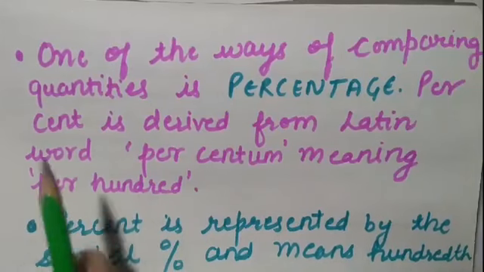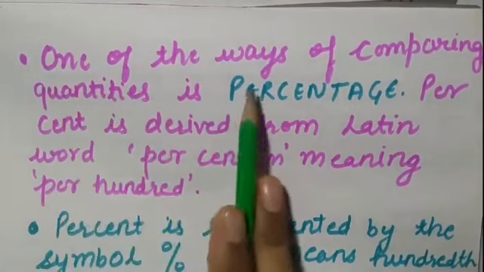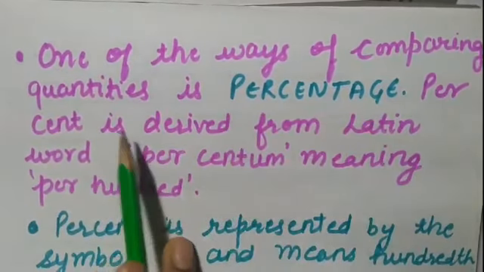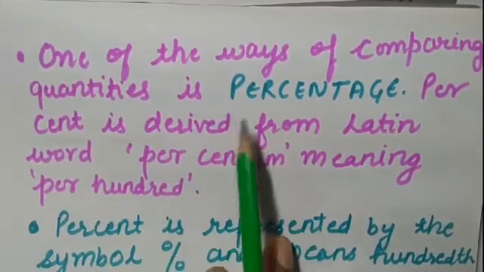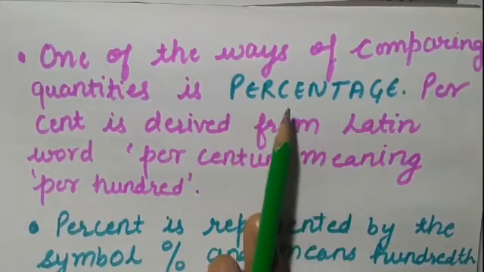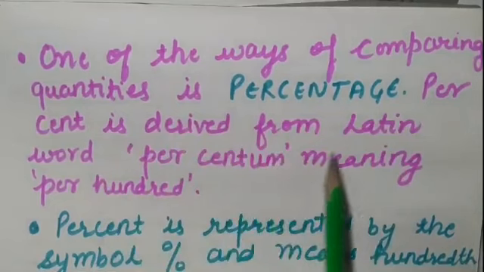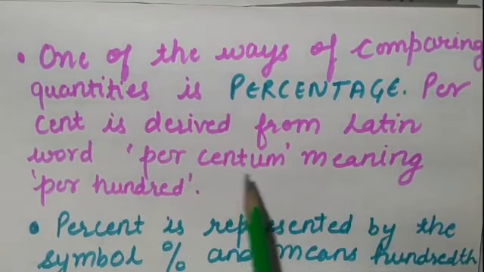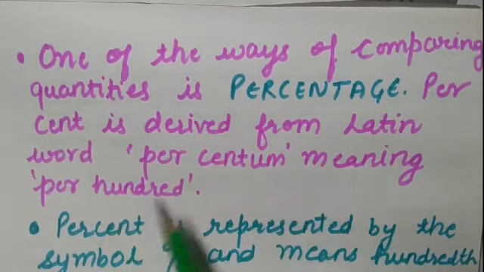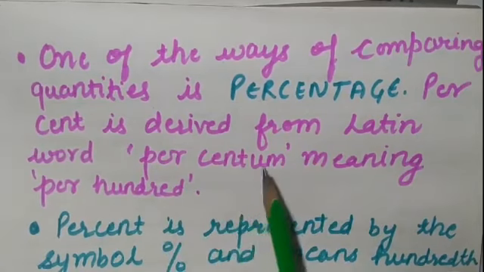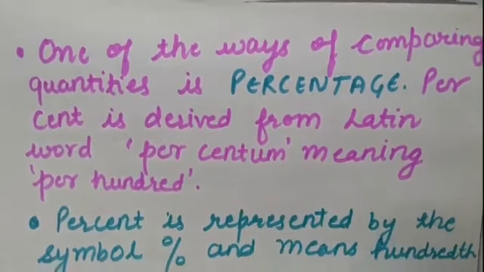Now come to the third point. The third point is that one of the ways of comparing quantities is percentage. It means through percentage we can compare quantities. Percentage is derived from the Latin word percentum, which means per 100. So percentage means per 100.